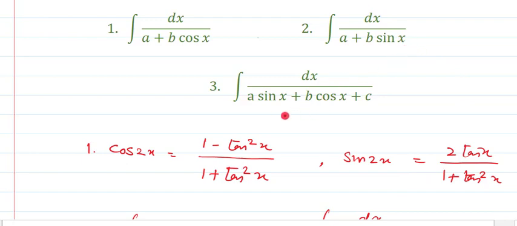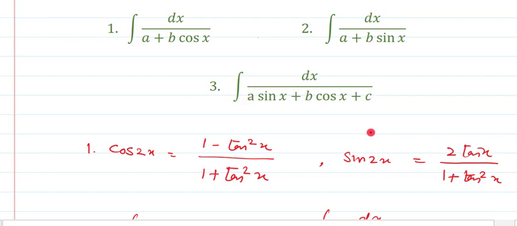As well as in the third, sin x will be converted into 2 tan x by 2 upon 1 plus tan square x by 2, and cos x can be written as 1 minus tan square x by 2 upon 1 plus tan square x by 2, and after that taking LCM and substitution simply. So these are very simple questions and you can do them easily.